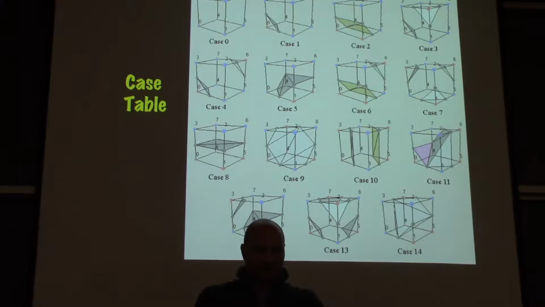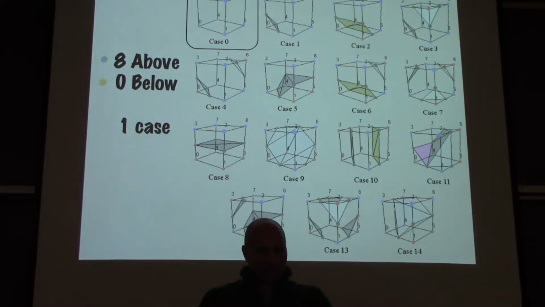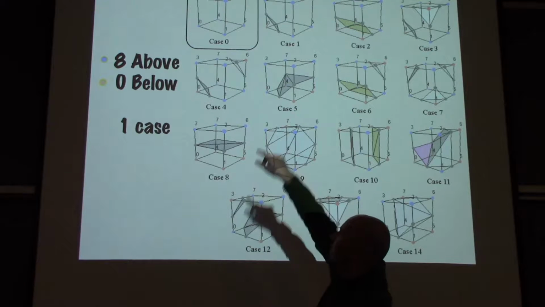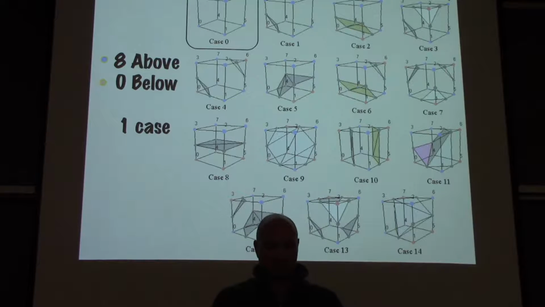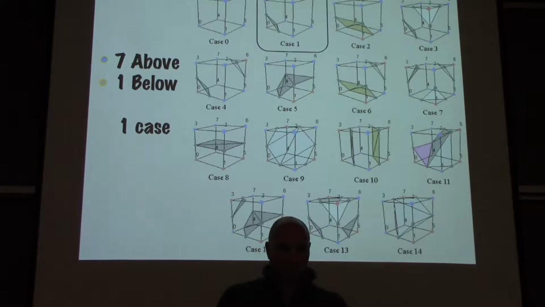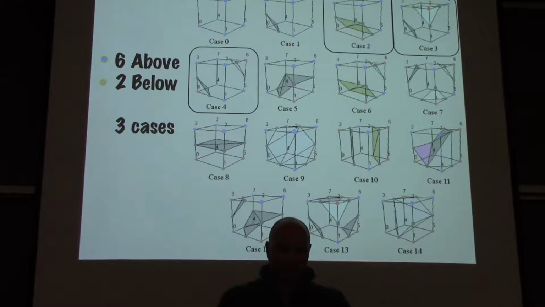So here we'll go through the case table in a little bit more detail. Case 0 is essentially no crossings. There are 8 values above the iso value and 0 below. Case 1, you have 7 iso values above and 1 below. Cases 2, 3, and 4, 6 above, 2 below.